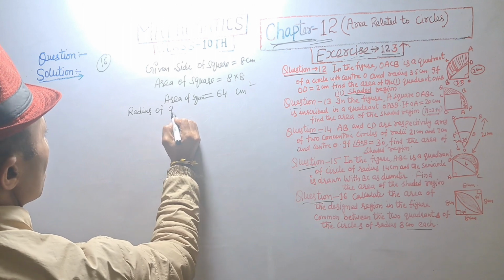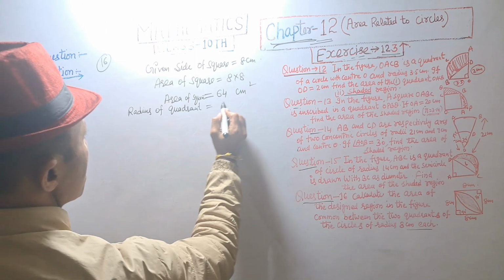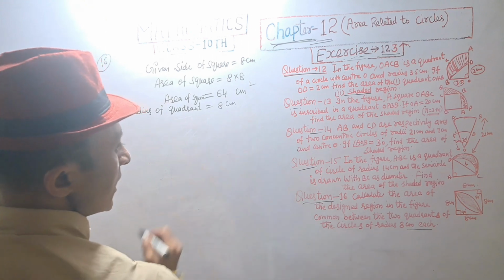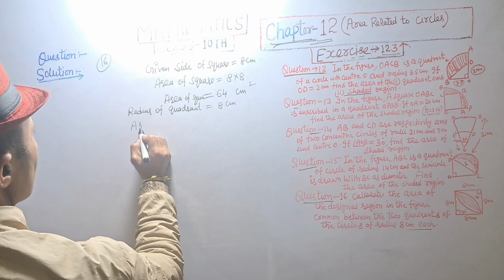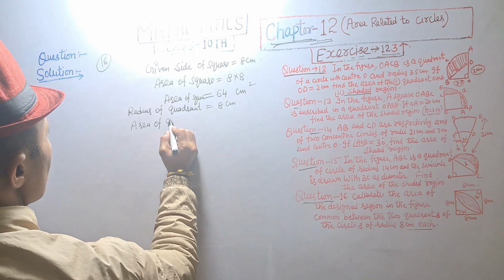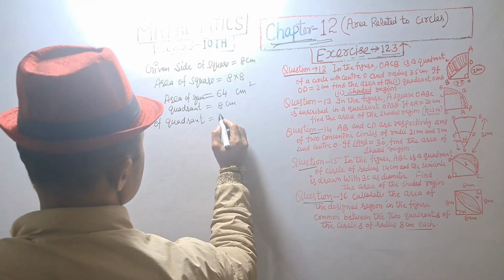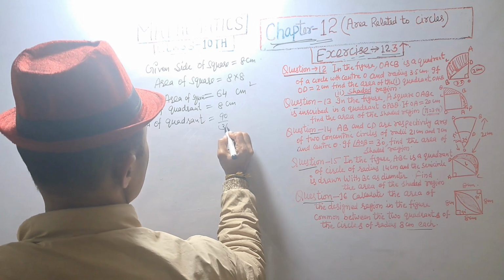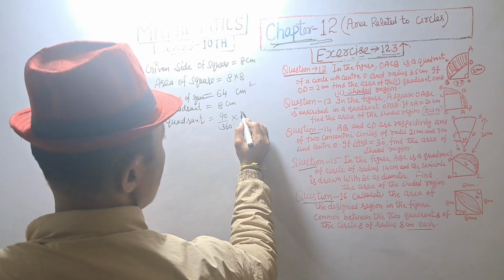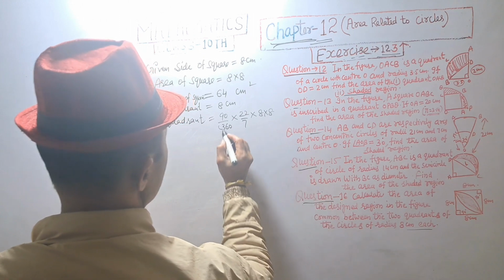The radius of the quadrant is equal to 8 centimeter. Area of quadrant is equal to 90 upon 360 into pi, that is 22 upon 7 into 8 into 8.